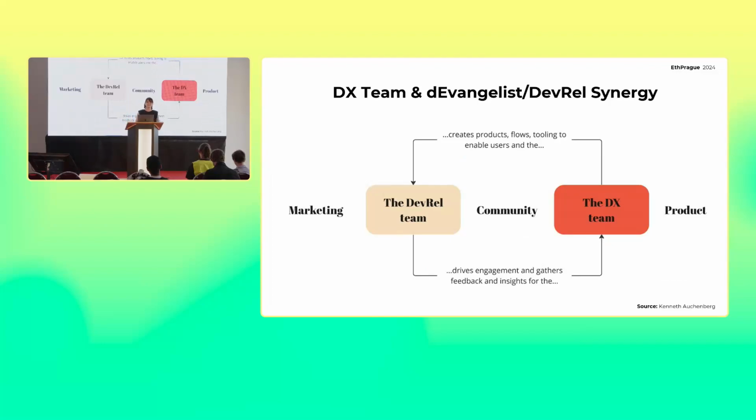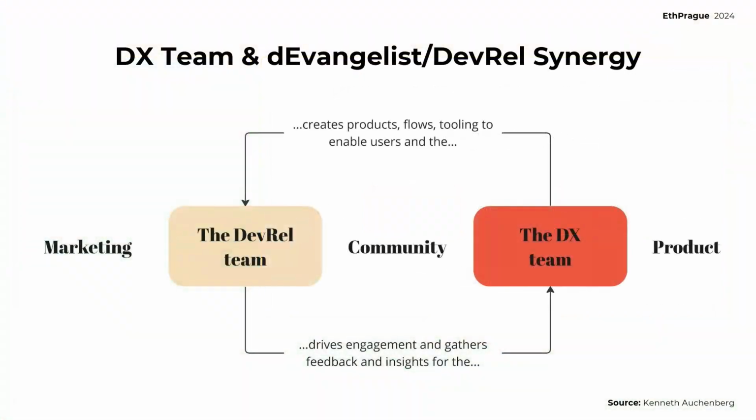DX and DevRel are often mentioned in similar contexts, so there is a need to understand the differences between the two. Since the DevRel team interacts directly with the developer community, it forms the human component of DX. There is an overlap between them, but they are not the same. DX involves making the product better in its entirety.